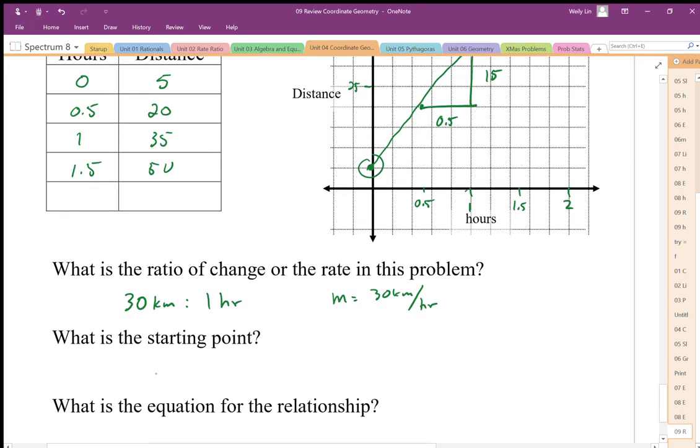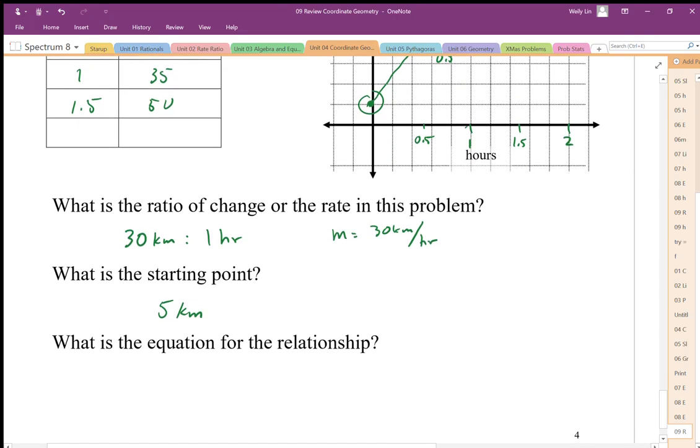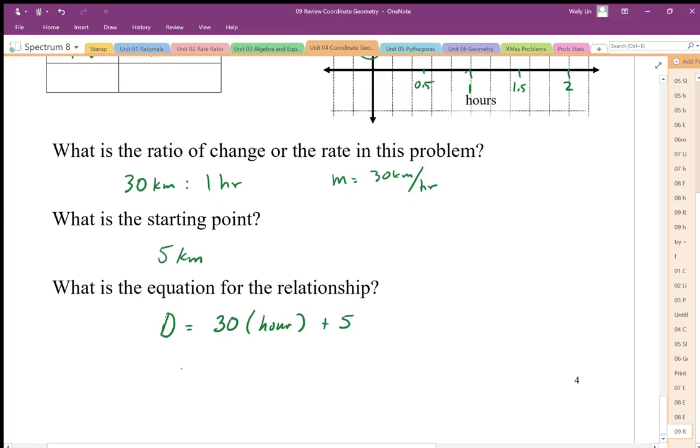The starting point is at 5 kilometers. And based on this starting point and rate, we can write the relationship as the distance is equal to 30 kilometers an hour times the number of hours starting at 5 kilometers. Okay, or y is equal to 30x plus 5.